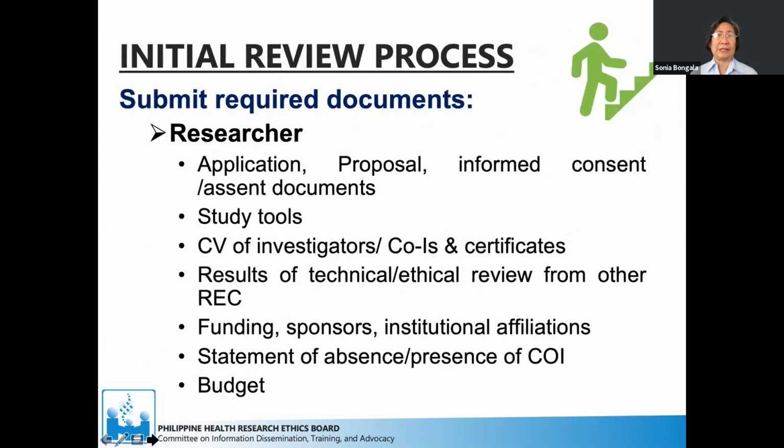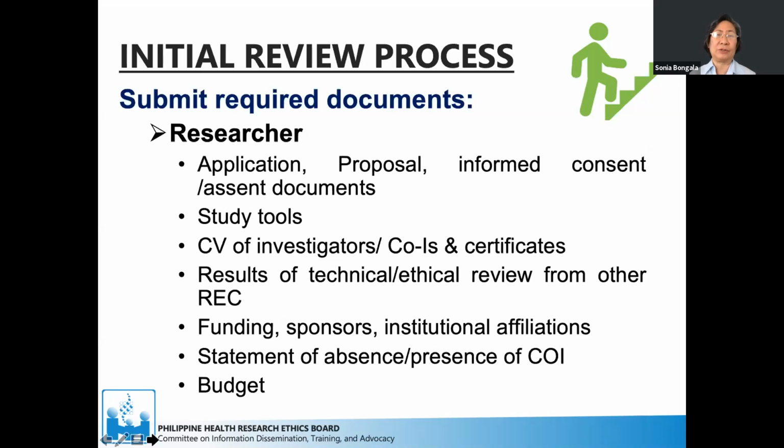So what are the steps in the review process? Initially, in the beginning, documents are submitted by the researcher. So there's an application form. Usually, research ethics committees have websites and the application forms are downloadable.